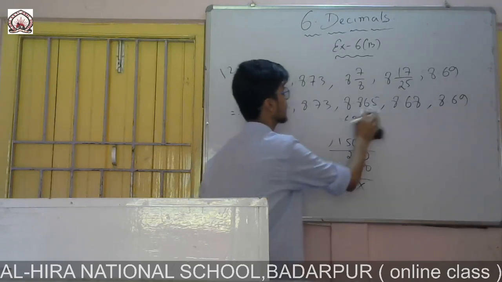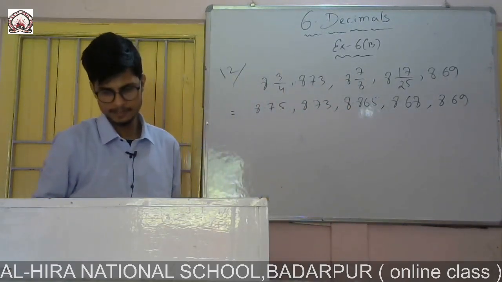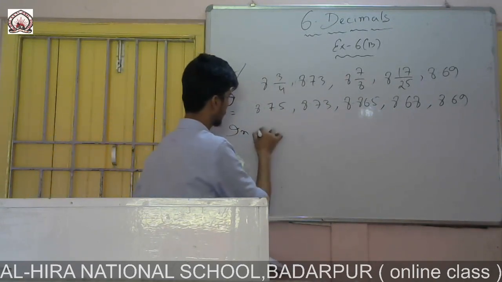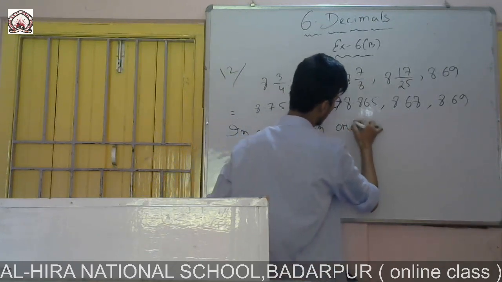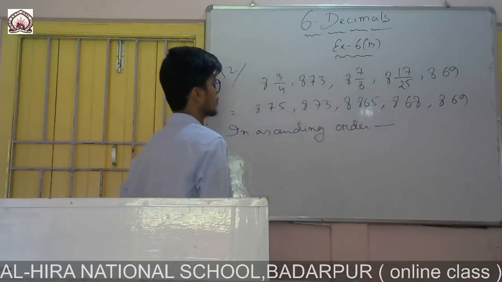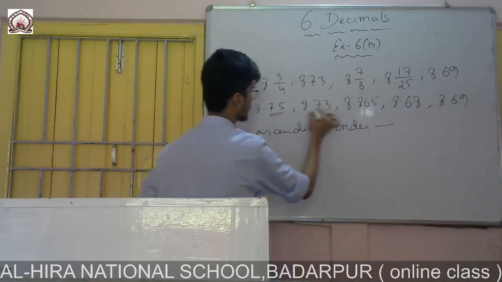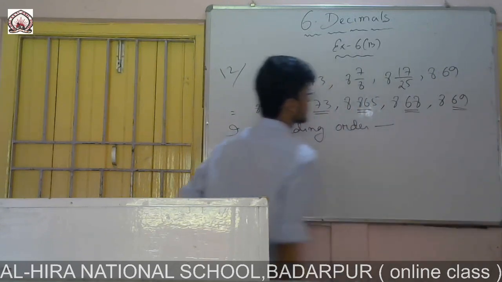So now I can arrange them in ascending order. All are with 8, so I have to compare only this part: 75, 73, 875, 68 and 69.